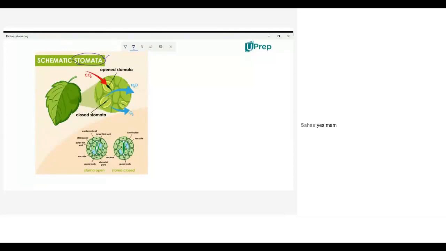Do you know anything about stomata? Ma'am, it is surrounded by two kidney-shaped guard cells. Don't talk about anything shown here. I'm asking where you will find stomata. All these things I'll explain. On the leaves, ma'am. Okay. Other than that, only on leaves.